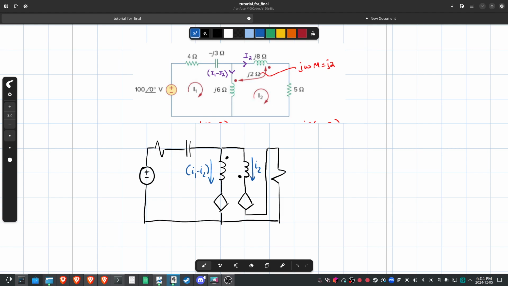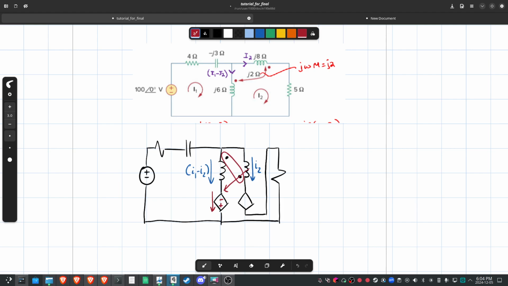Some people think that this is always opposing. No. Opposing is a physics thing. All that opposing means, in our case, is that the direction will be the same as the other current.